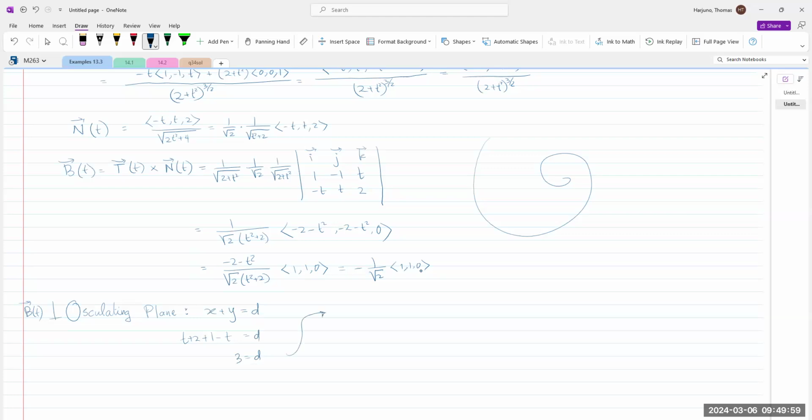So the osculating plane is given by x plus y equals d. And notice that this curve is always on this plane.